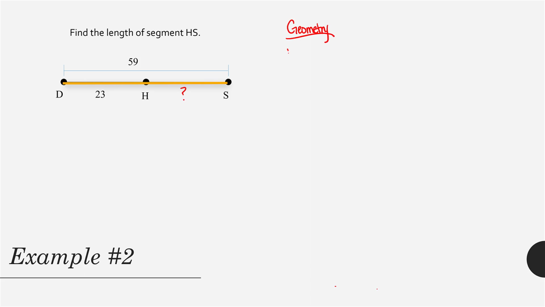So the whole length, the entire long segment DS, equals the 2 smaller segments added together. We know this; our reason was segment addition. Because we have segment addition, we can write this statement out.